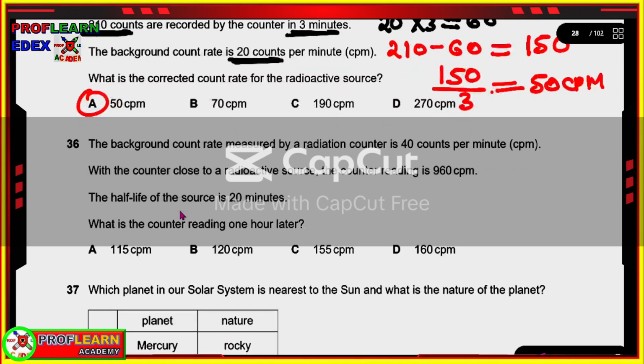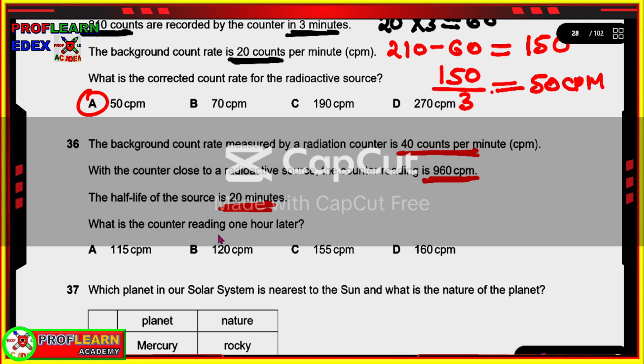The background count rate measured by a radiation counter is 40 counts per minute. With the counter close to the radioactive source, the counter reading is 960, and half-life is the time taken for the activity of a radioactive substance to decrease by a half, right?